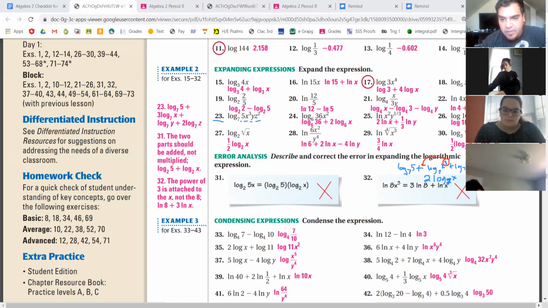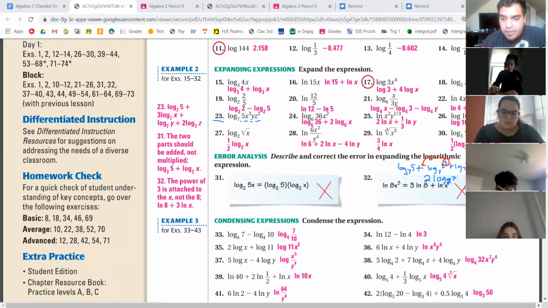Log base 7 of y stays the same. Plus 2 log base 7 of z. And that right there is our answer.